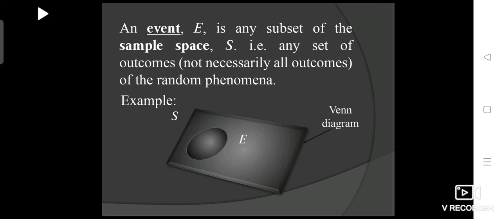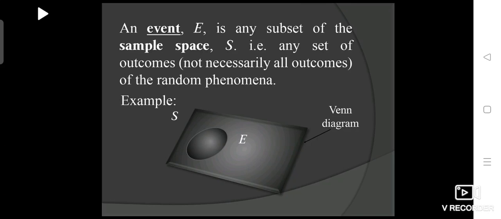So the event is the subset of that bucket, but not based on all possible samples. In the Venn diagram you can see the rectangular shape of your sample space, and a round shape like the event.